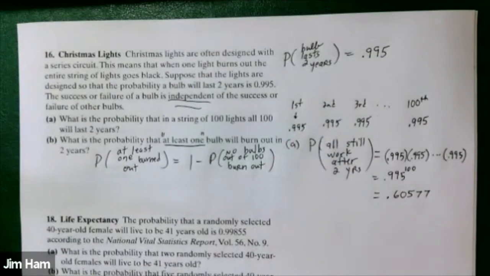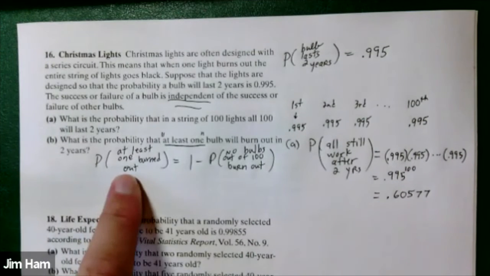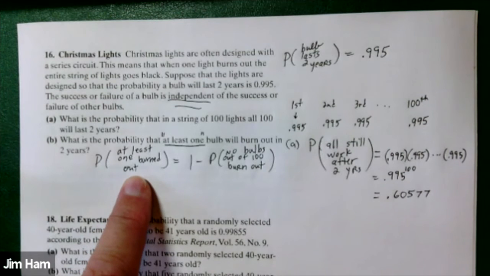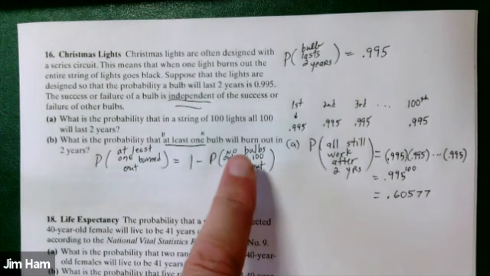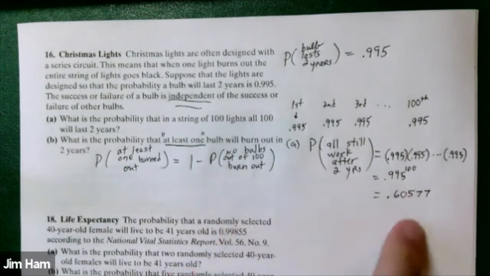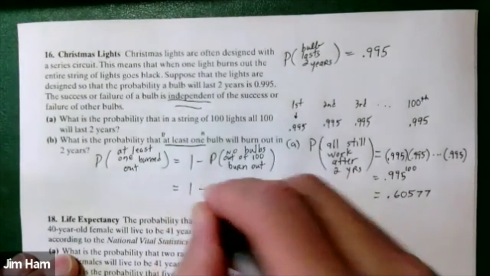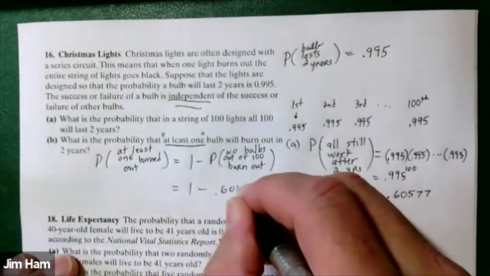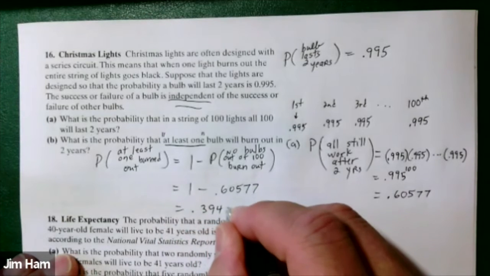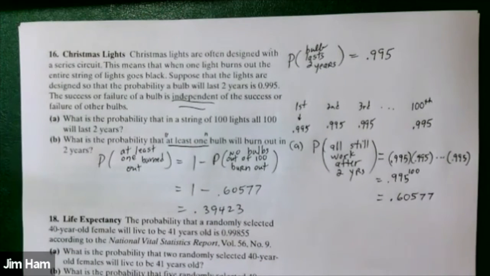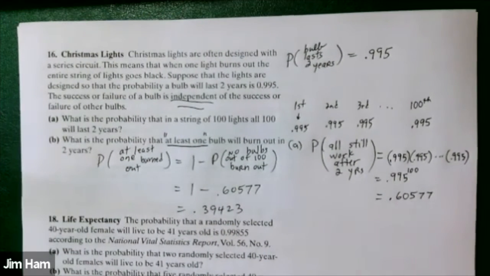So the probability that at least one burns out is equal to 1 minus the probability that none of them burn out. Well, it just so happens that we calculated the probability that none of them burn out in the previous problem. So we're just going to take 1 minus this number that we have right here. And that's going to give us 0.39423.